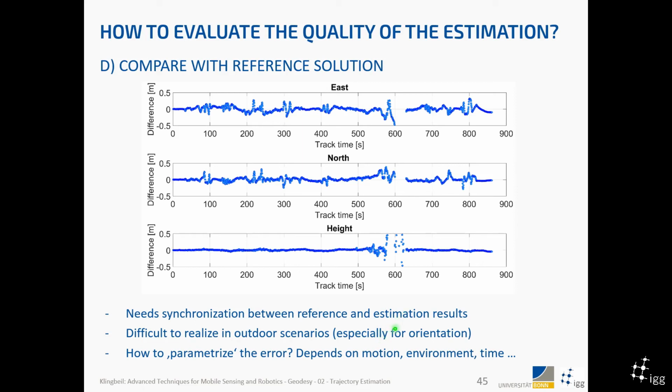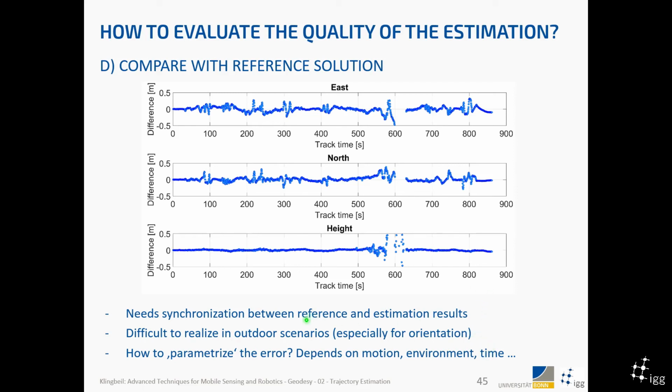It's not easy to realize, especially in our case where we want to evaluate a high accuracy IMU measurement system and a high accurate GPS measurement system. To evaluate this is very difficult because there are not many systems which are actually better than the sensor that we use anyway in the system to evaluate, right?